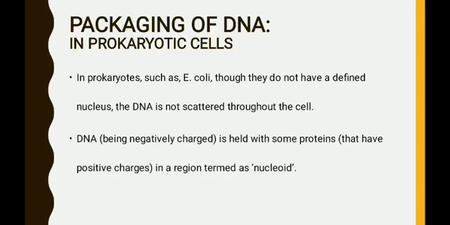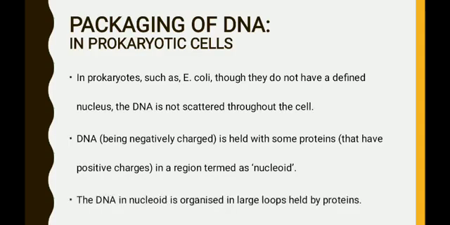Some additional proteins are there in the region named nucleoid. So there is no nucleus in prokaryotes, but the DNA is located in the cytoplasm in a particular region, and that is a circular, double-stranded DNA, associated with some positively charged proteins, but non-histone proteins, and that structure is called nucleoid.